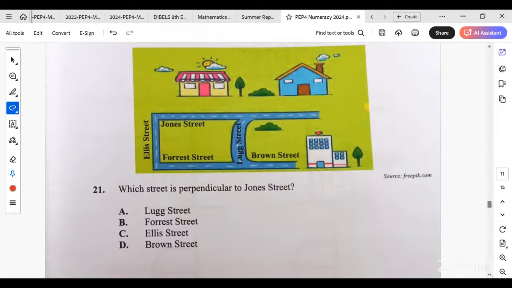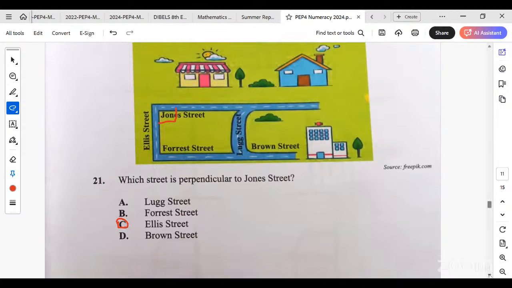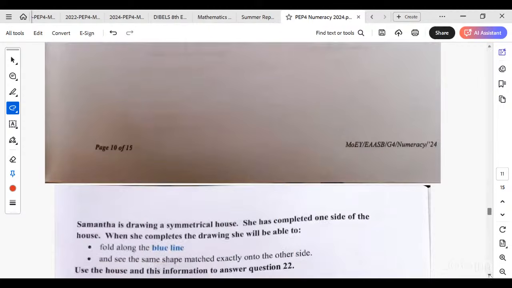So the correct answer is Ellis Street, because it would form a right angle right here. So the correct answer is C, Ellis Street.